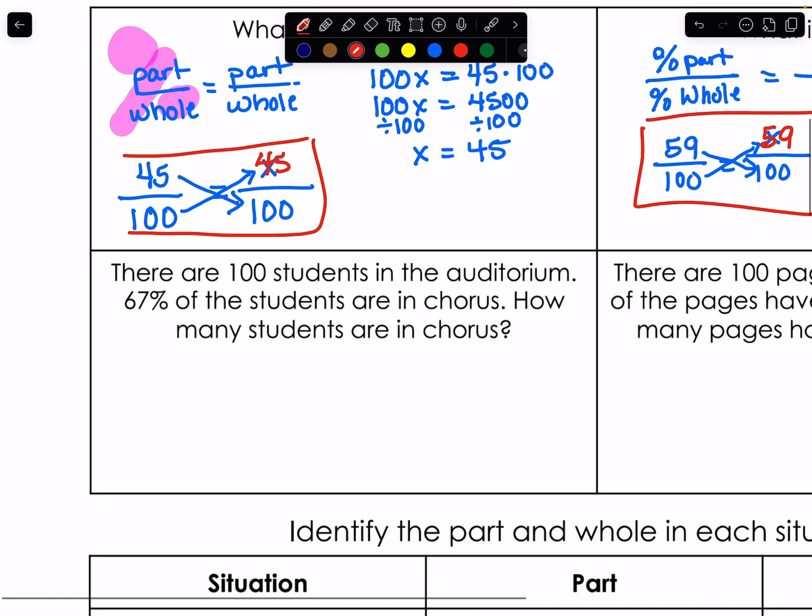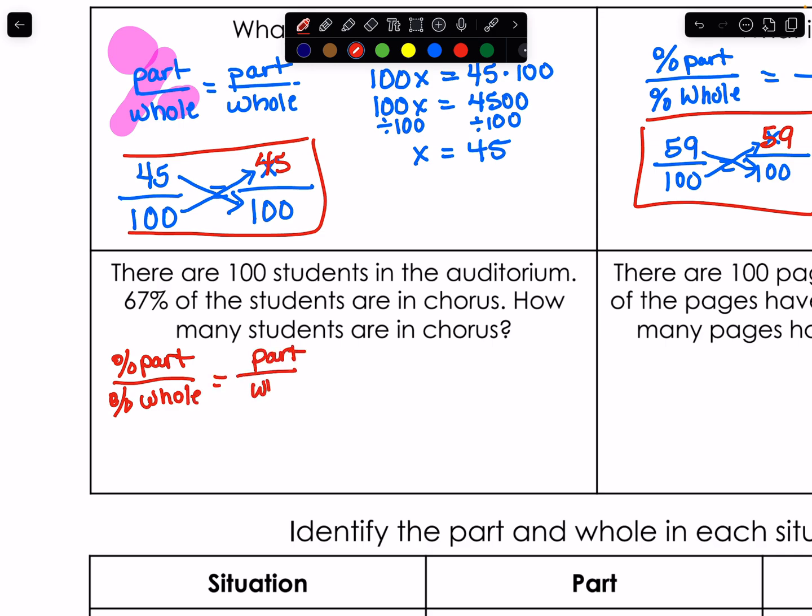My favorite, we're doing it again. There's 100 students in the auditorium, so we have a percent part and a percent whole equals part over whole. Eventually, we can get rid of writing that, but we want to make sure that you know how to do it. So I'm putting my 67 here. It goes with my 100%, and then my students are on the other side.